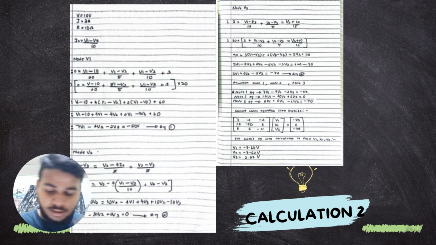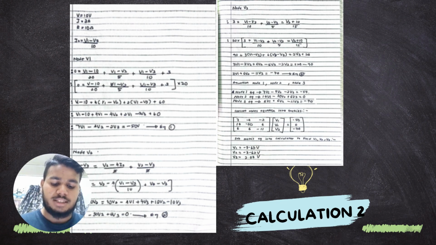That's equation 1. So the next equation that we get is V1 minus V2 over 5 equals to V2 minus 4 IO over 5 plus V2 minus V3 over 5, and as usual we need to simplify.